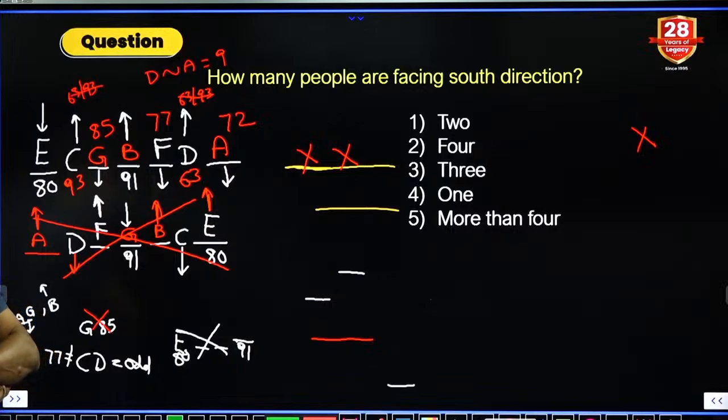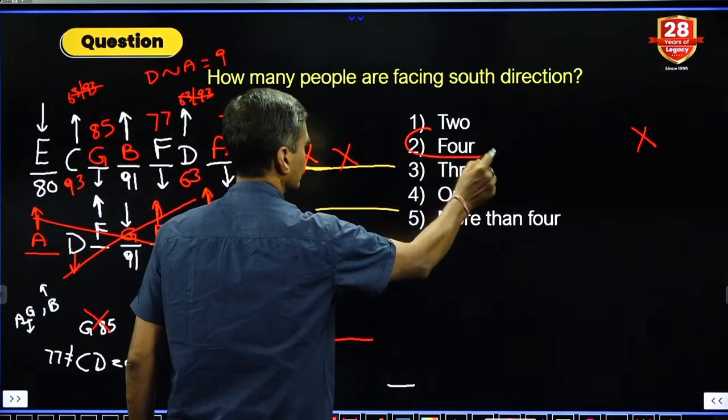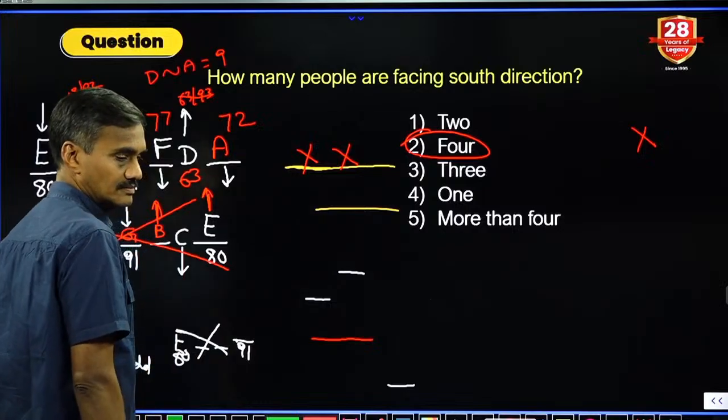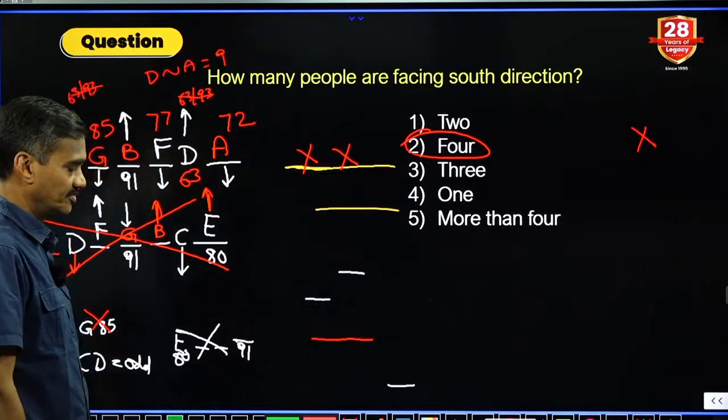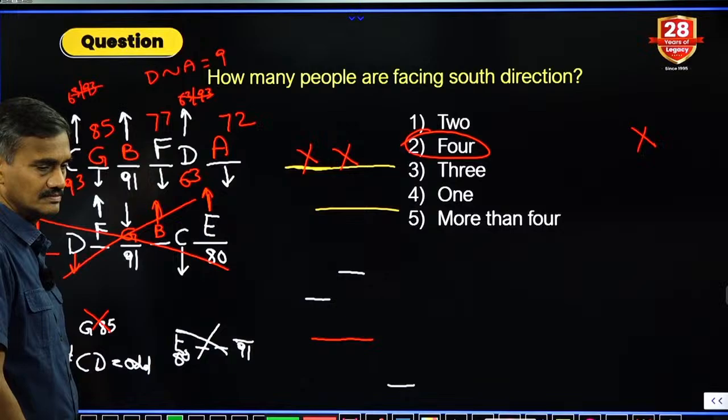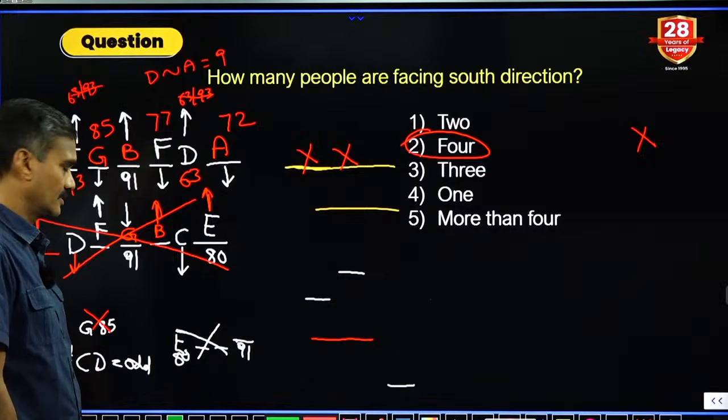Number of persons who are facing towards south direction. South ఎంతమంది ఉన్నారు అని అన్నారు? 1, 2, 3, 4. There are 4 persons who are facing towards south. What is your answer here? 4 persons facing towards south, that is choice 2. Okay? Then next one.